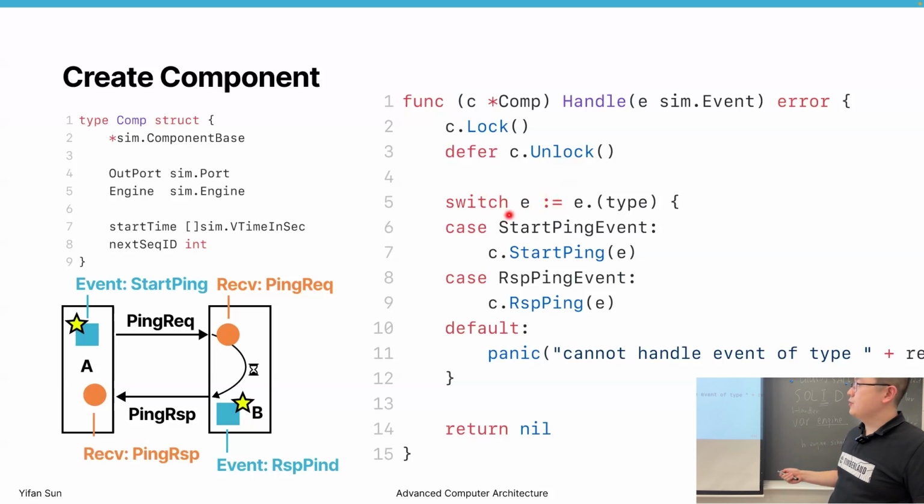And this internal e within this switch, this new e, has the type of start ping event or end ping event. So it's a type conversion plus a type switching. If it's a start ping event, we do this. If it's a response ping event, we respond to ping. Otherwise, we cannot handle event of type blah, blah, blah. That's something that we don't know how to handle. We can only handle these two events, right?